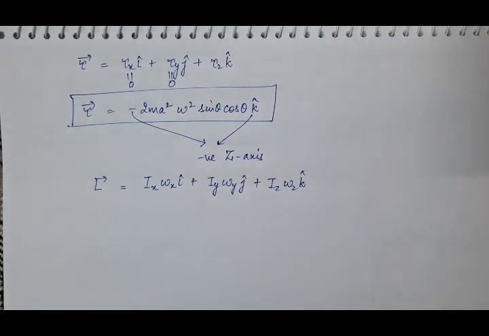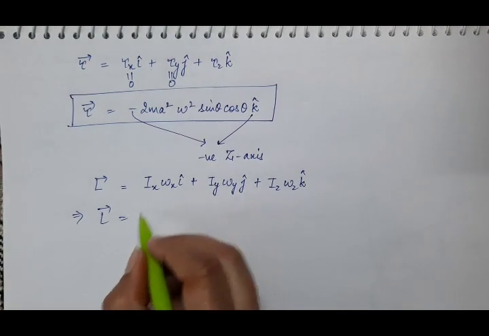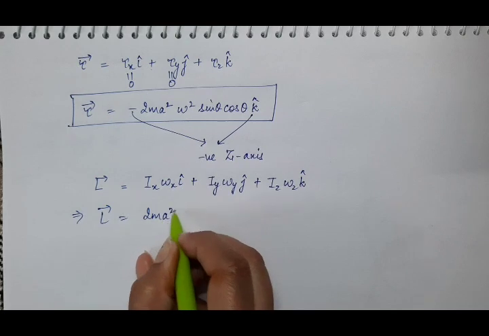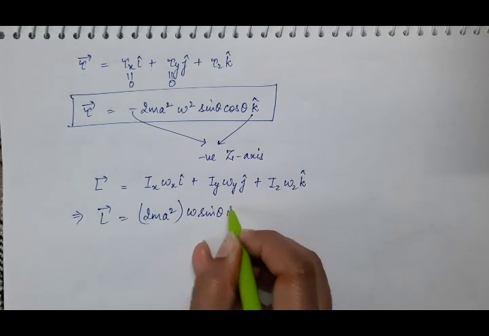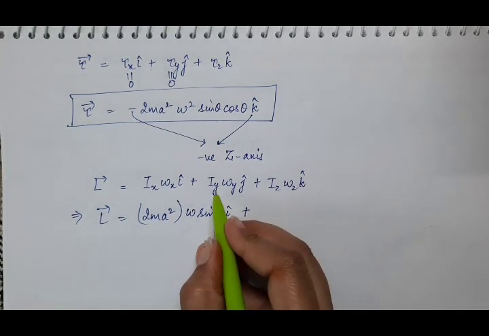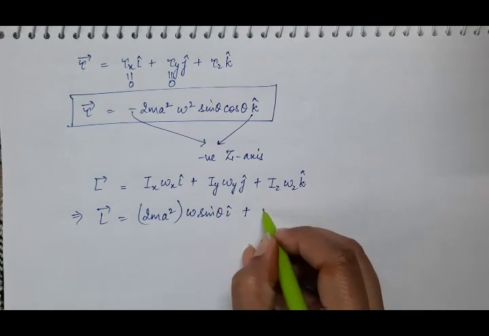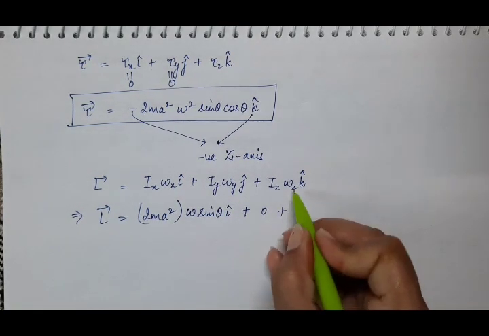So put the values of Ix, Iy, Iz and omega x, omega y, omega z to calculate the direction and magnitude of angular momentum of the two particle rigid rotator. So what is the value of Ix? It is 2ma square, and the value of omega x is omega sine theta into i cap, plus the value of Iy is 0. So this will make this whole term 0, and here the value of omega z is 0.